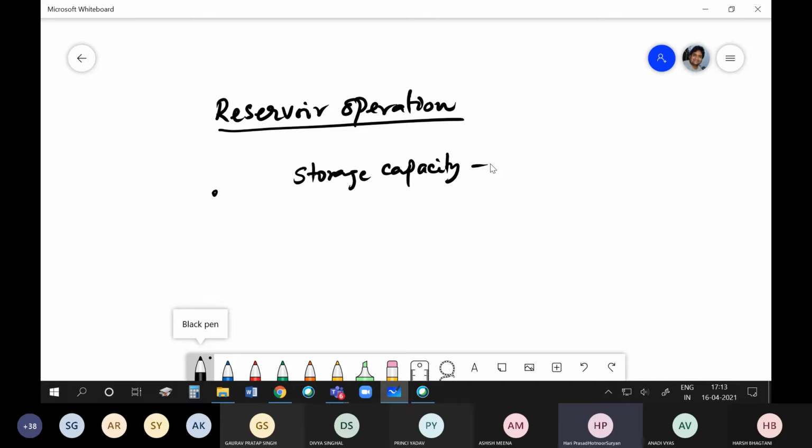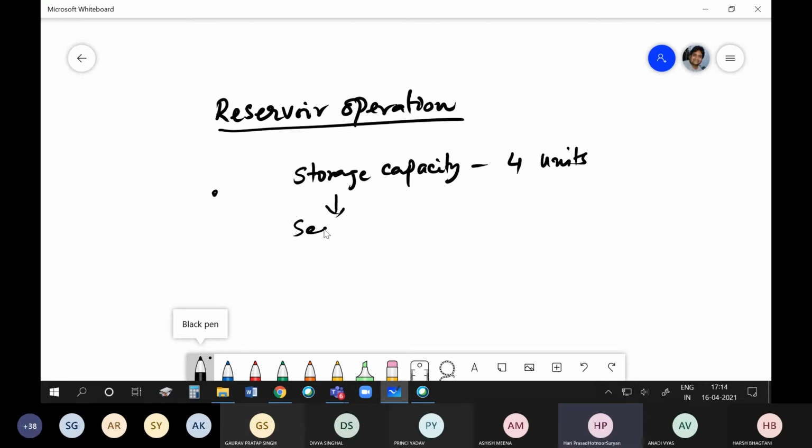A spillway is a structure which is the overflow section of a dam, where the excess water from the reservoir is taken out. So let us say there is a reservoir whose storage capacity, the maximum it can store, is 4 units. There are 4 seasons in a year where you can release water from this reservoir.